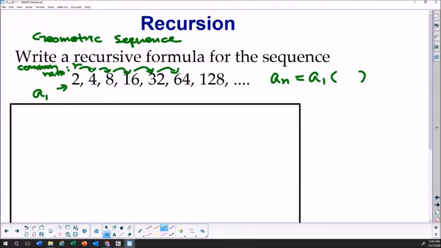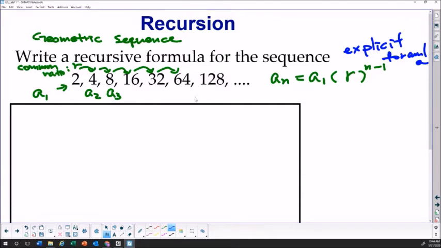If you multiply the common ratio one time, you get the second term. If you multiply the common ratio 2 times, you get the third term. So one less time you multiply: the common ratio r to the power of n minus 1. We call this the explicit formula. Oh, A. There was no space for A.